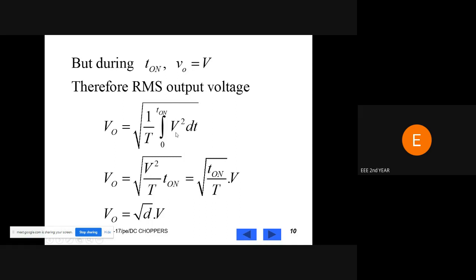After integrating, 1 by t into V square t on, this is the solution. And when you take t on by t, we consider it as the duty cycle d into V. So the root of d into V, that is, V naught is equal to root of d into V.